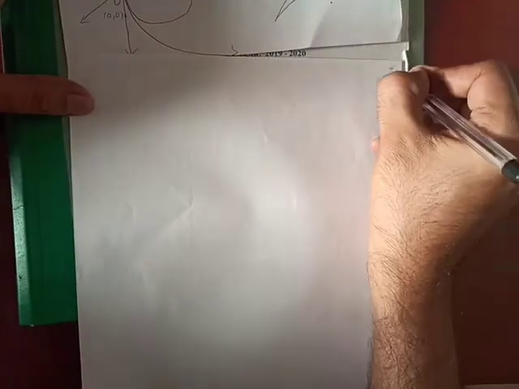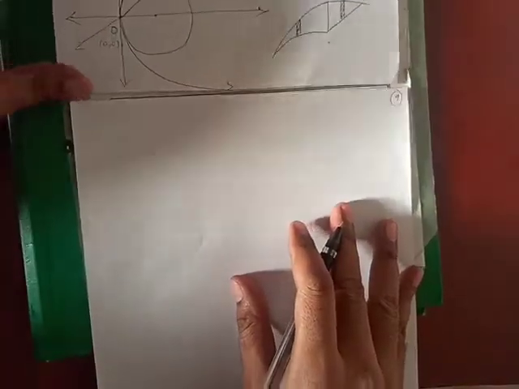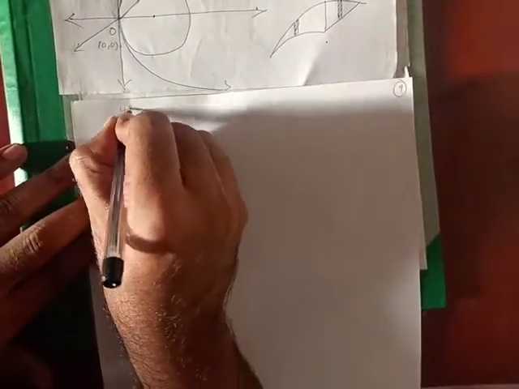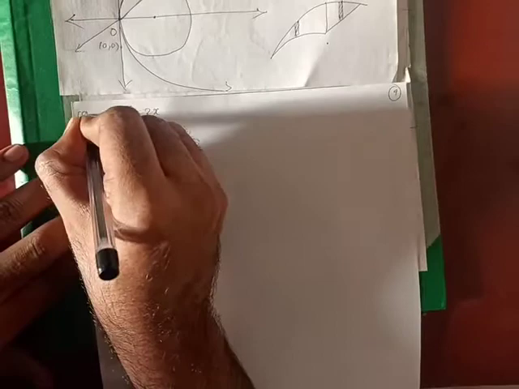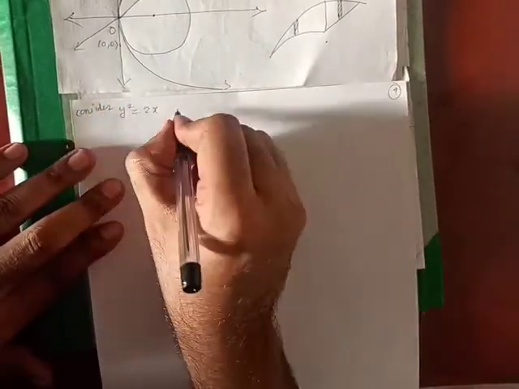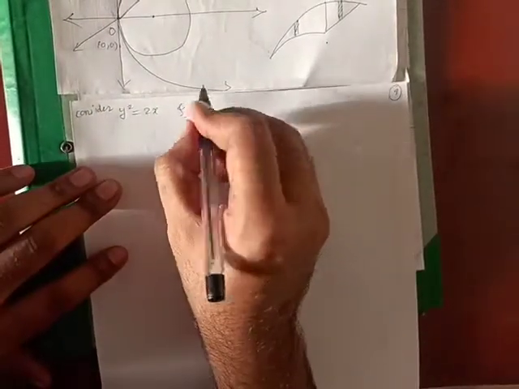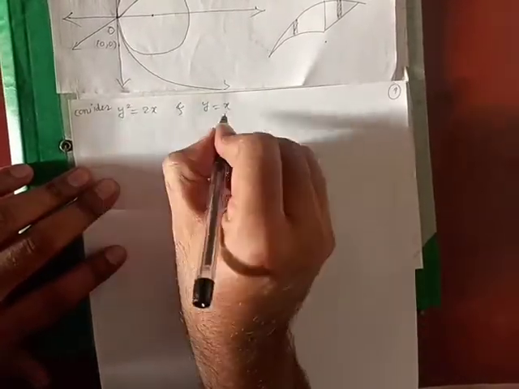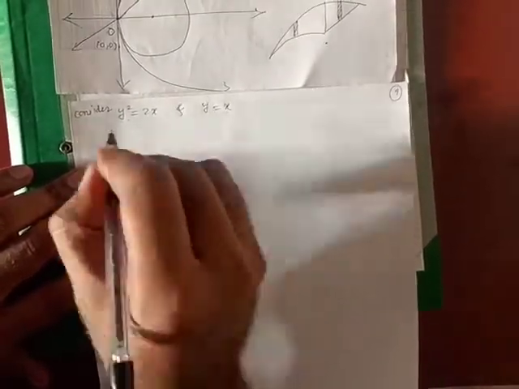First of all, this line y is equal to x and this parabola, continuing this, page number 9. First of all, consider y square equal to 2x and this line y is equal to x. Now you put this value over here or this value over here. This is much easier. Put this value here.